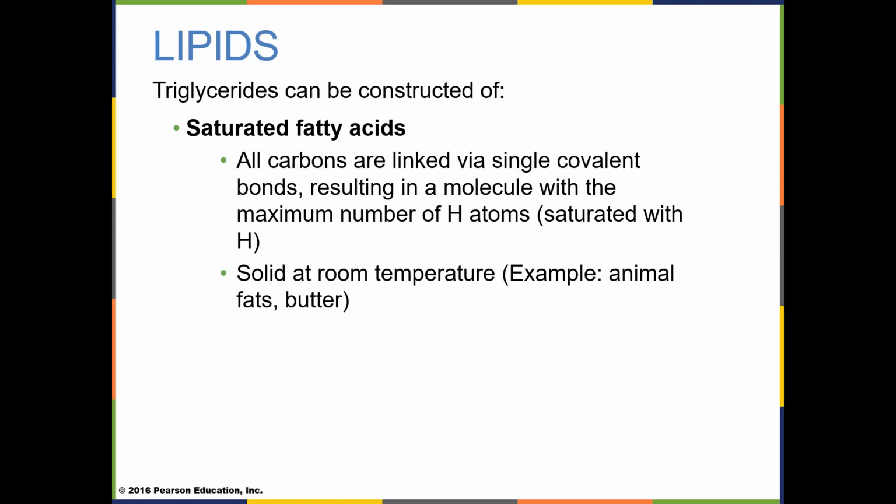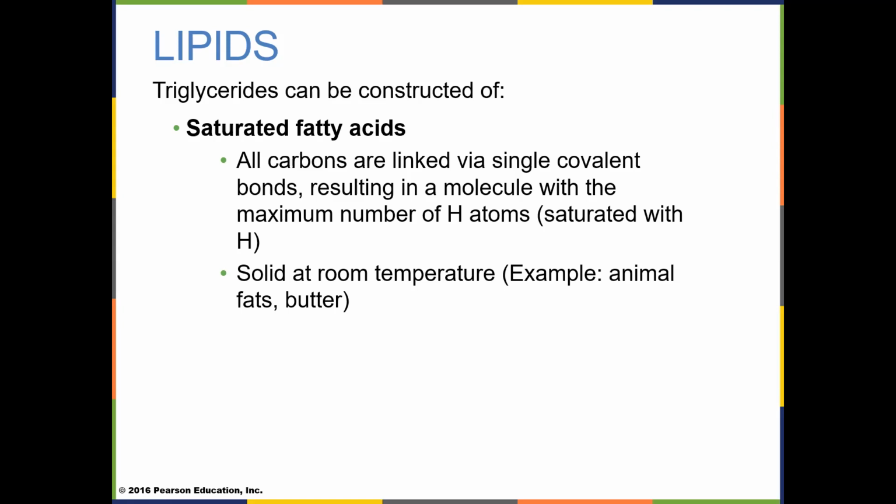In a saturated fatty acid, we have every carbon in the chain held together with a single covalent bond. So we have the maximum number of hydrogen atoms here, not ions, but atoms. We're saturated. We have every possible place where you can have a hydrogen atom attached to a carbon.